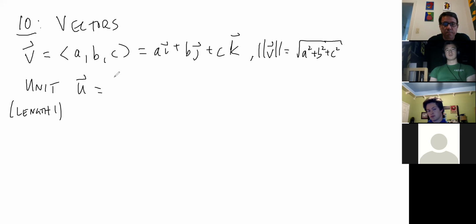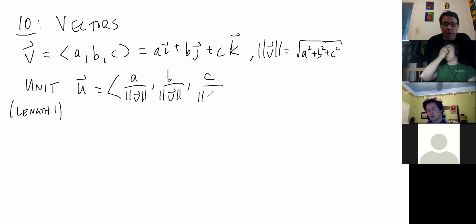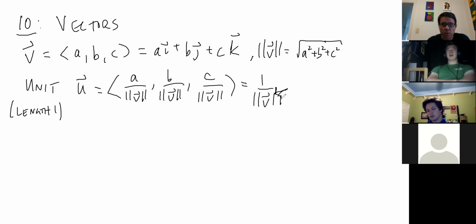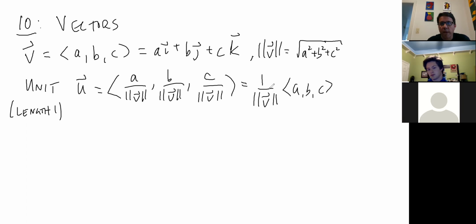To get that from v, you take a and divide it by the length of v, and then you take b and divide it by the length of v, and you take c and divide it by the length of v, which after a while gets to be annoying. So you just write it as 1 over the length of v times <a, b, c>. That will turn a vector, whatever length it is, into one that's in the same direction, so it still points in the same direction, but it's only length 1, which is sometimes nice.